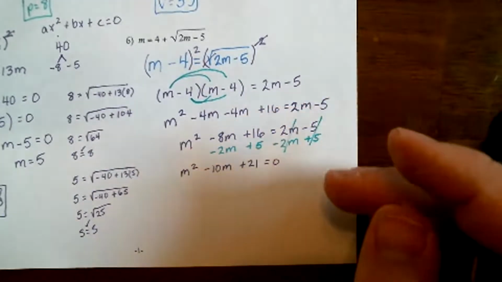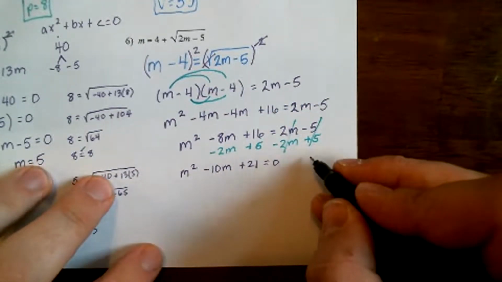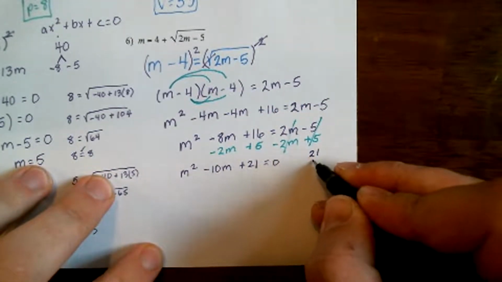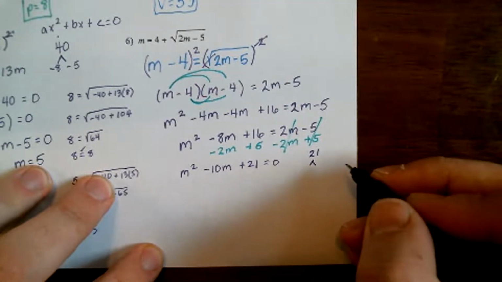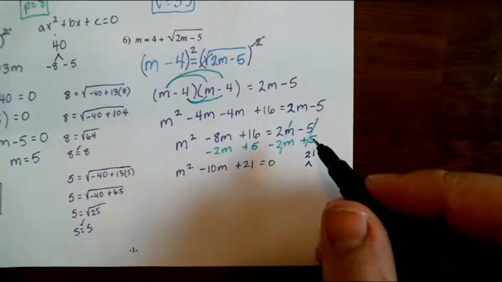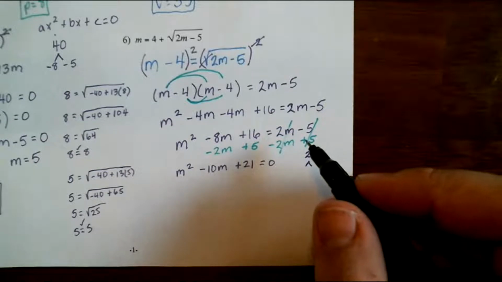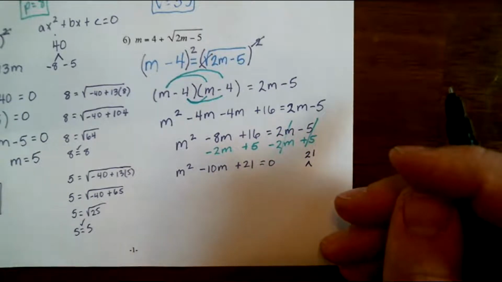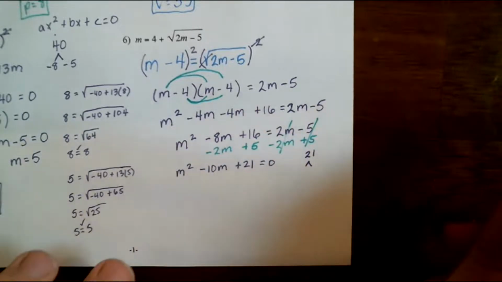How about it, Caitlin? What will multiply to give me 21 but add to give me negative 10? Negative 7, negative 3.